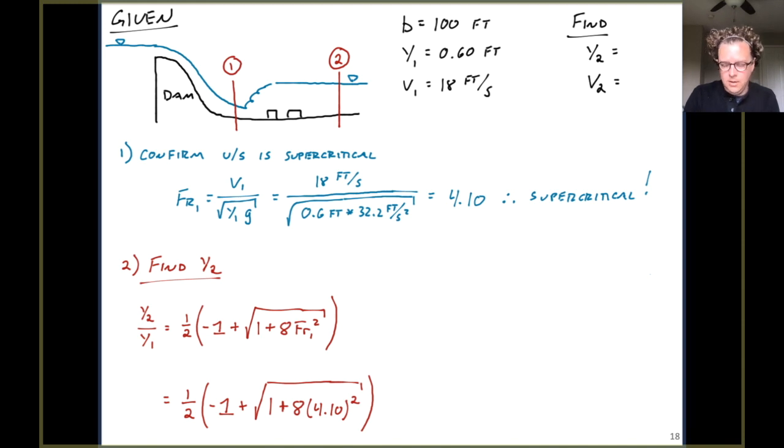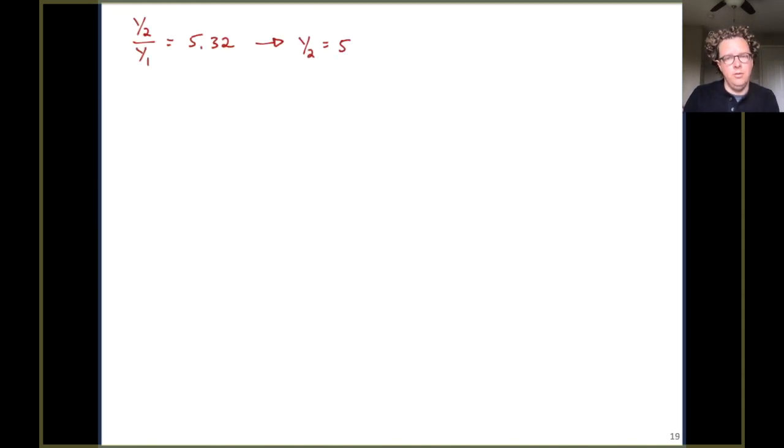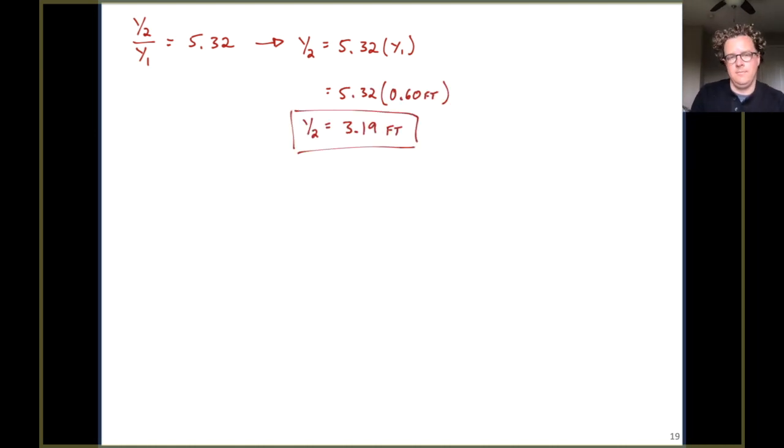It's 4.10. And when I work through this calculation, I get a ratio of 5.32. That's not quite the answer yet. I know that the ratio is equal to 5.32, so I could use that plus my knowledge of y1 to solve for y2. And when I do so, I get a downstream depth of 3.19 feet.